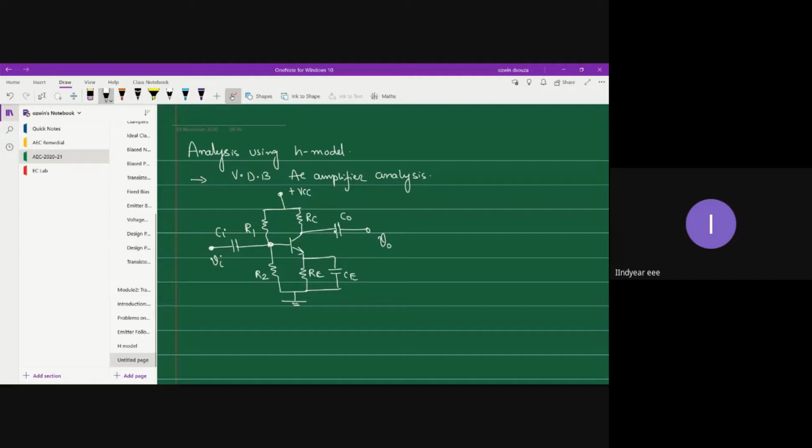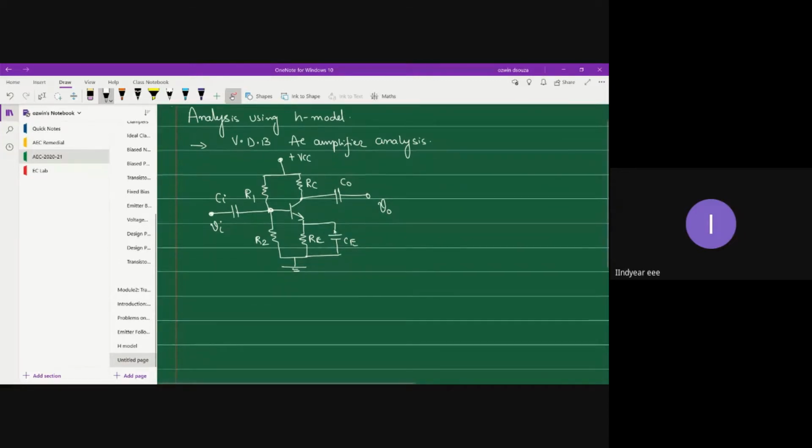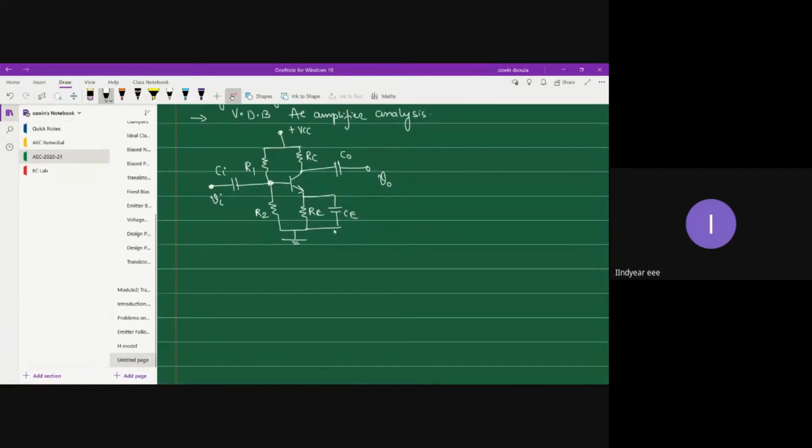Okay, now we need to go for hybrid model analysis. You see, obtaining the equivalent circuit doesn't change much from your RE model, right? So in order to get an equivalent circuit which fits for AC analysis, what we have to do is, as discussed in the RE model, you need to ground the VCC and then replace capacitors with short circuit equivalents.